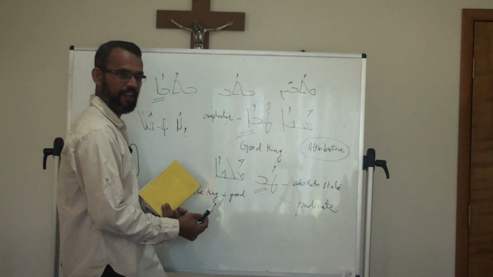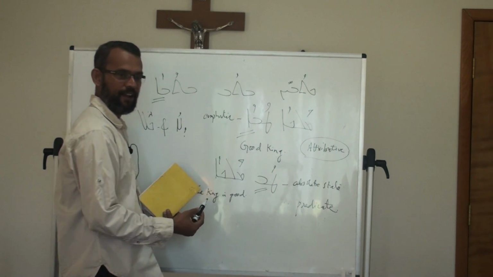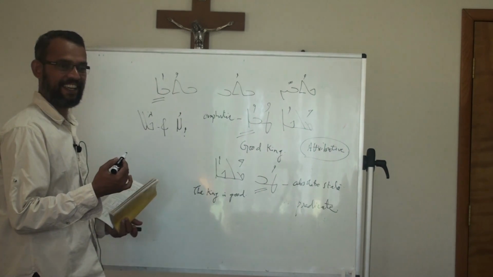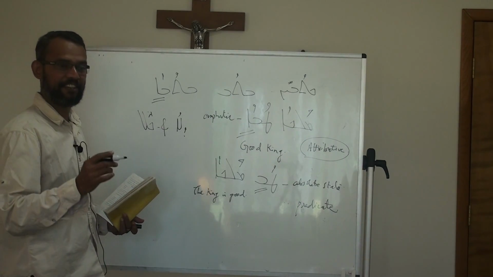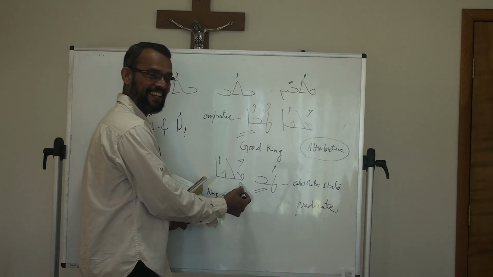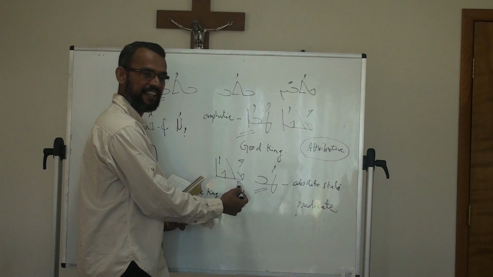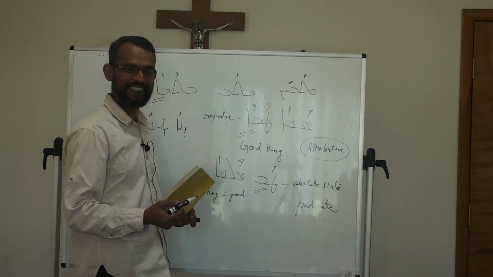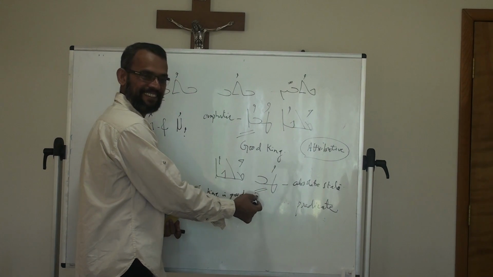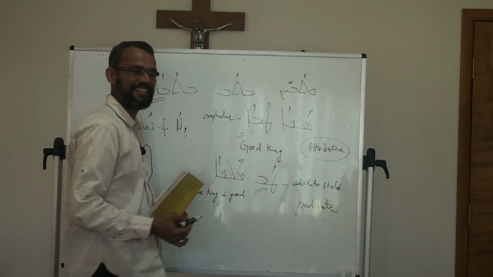The king. Where is the construct form used? Like the genitive? Yeah, it's in the genitive. That means of the king. So good of the king. That makes no sense. So it's in the absolute state, obviously.